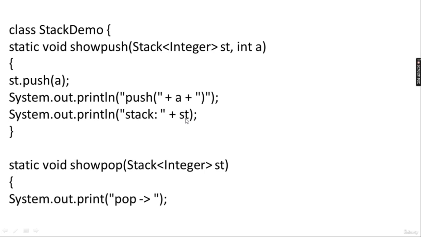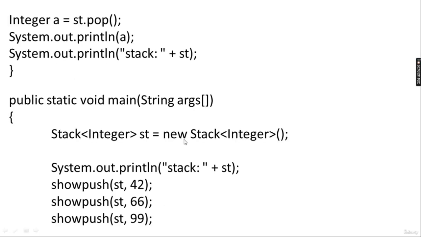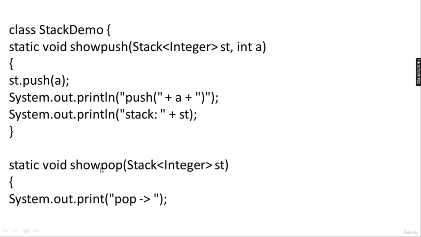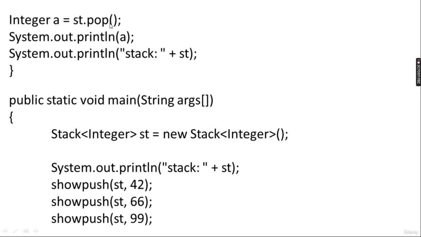Okay, then pop. Pop will return you, show pop stack into the st. So it will pop, st.pop, it will remove, get it into a, and then it will display a and also display the stack. So first of all, we will create a stack from the stack class. Stack<Integer> st is equal to new Stack<Integer>.